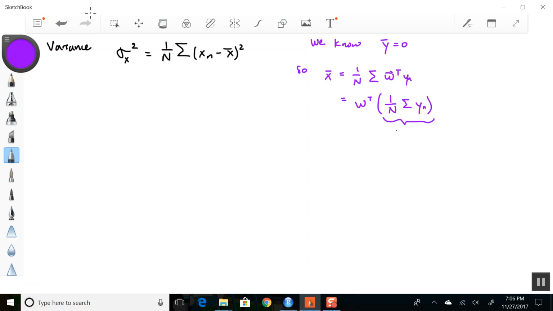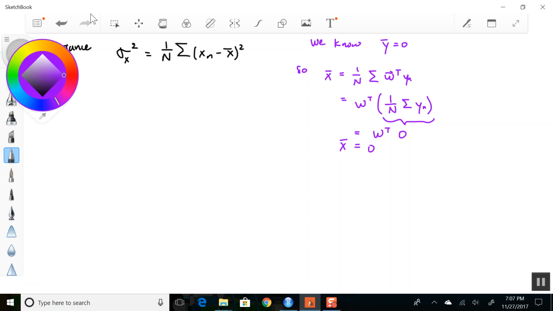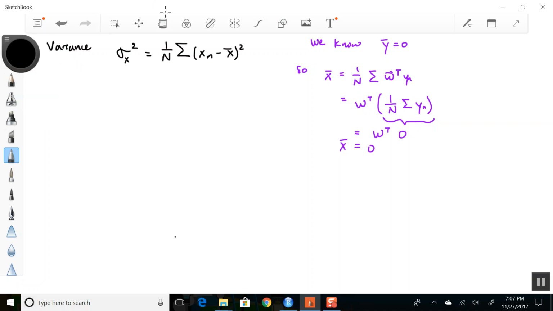This becomes y bar, which is 0. So we have w transpose times 0. So we know that x bar is going to equal 0. Okay, so that makes our life a little bit easier.